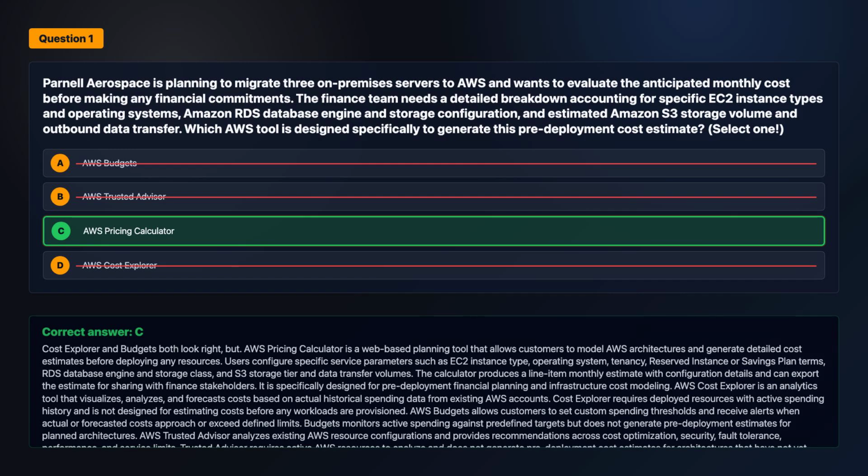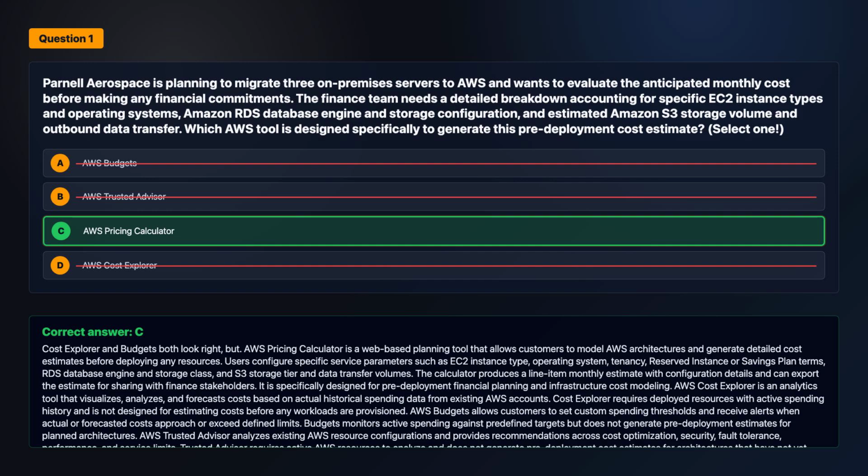The correct answer is option C. Cost Explorer and Budgets both look right. AWS Pricing Calculator is a web-based planning tool that allows customers to model AWS architectures and generate detailed cost estimates before deploying any resources.